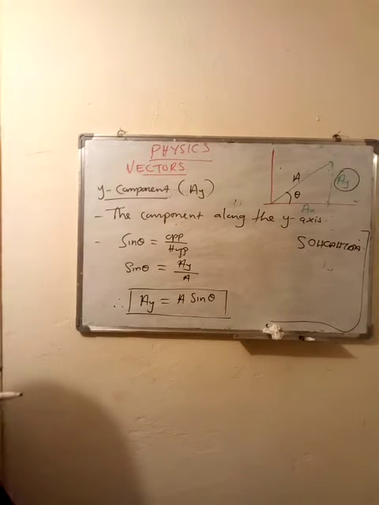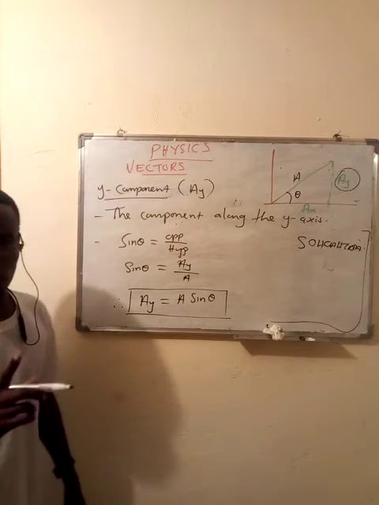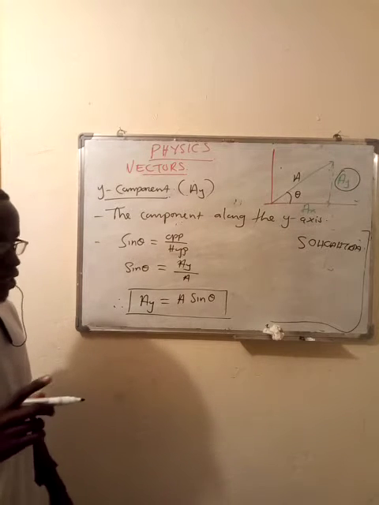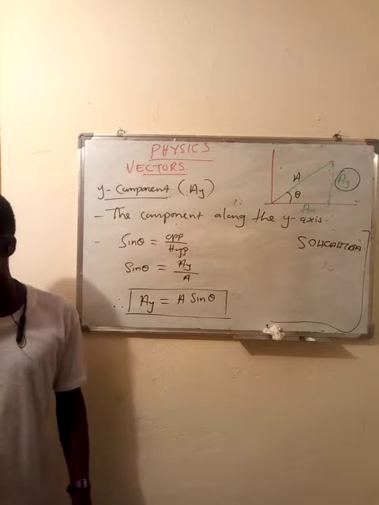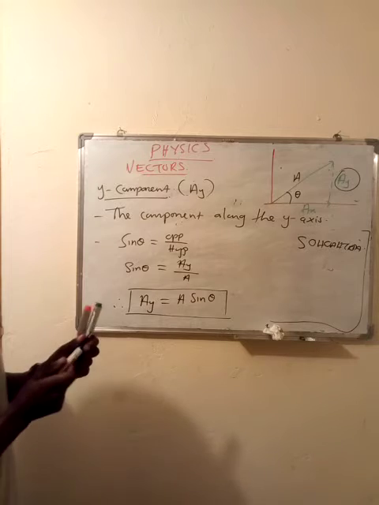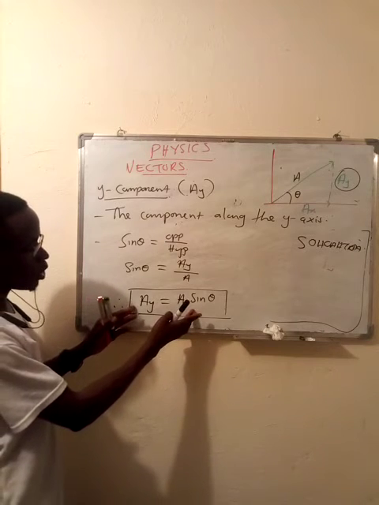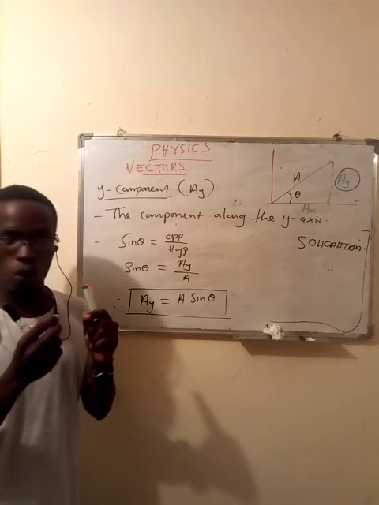Now, I want to warn you against memorizing, because what you need to understand is the concept of trigonometry and not just to memorize. The reason why I've said that is these formulas are going to depend on where the angle is.